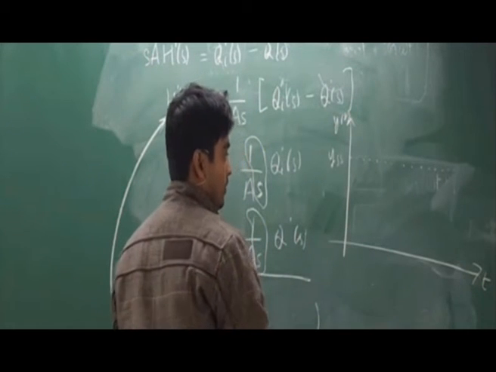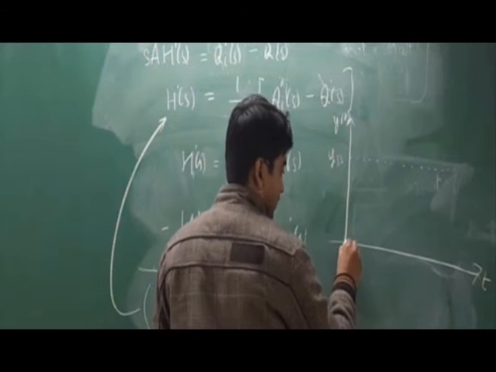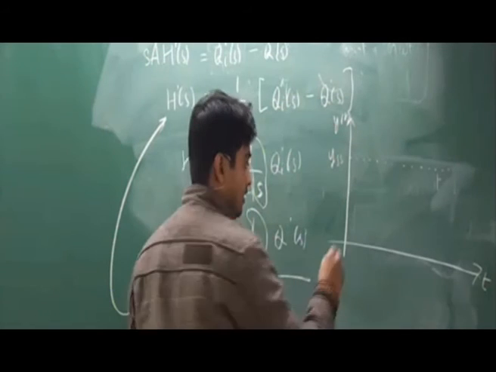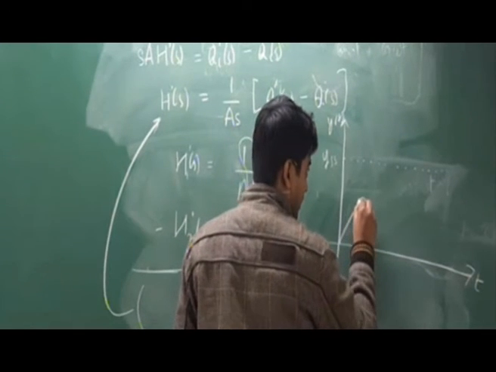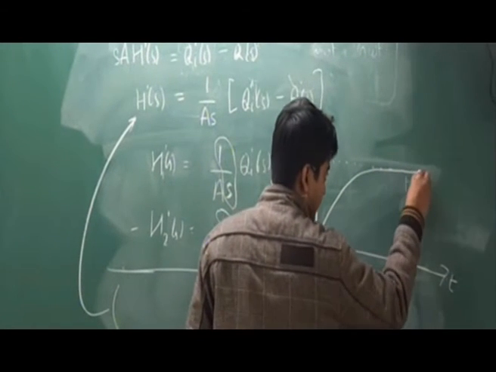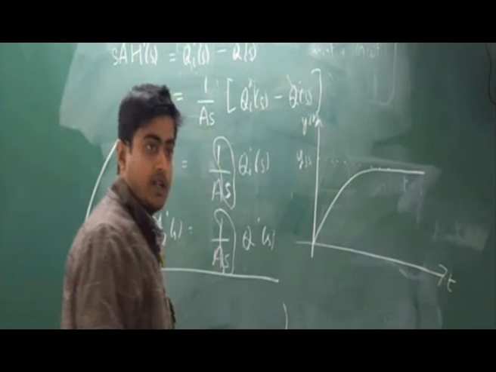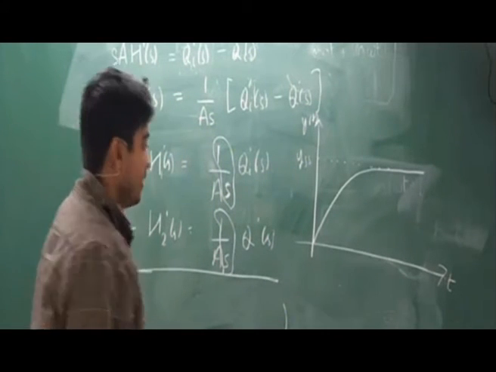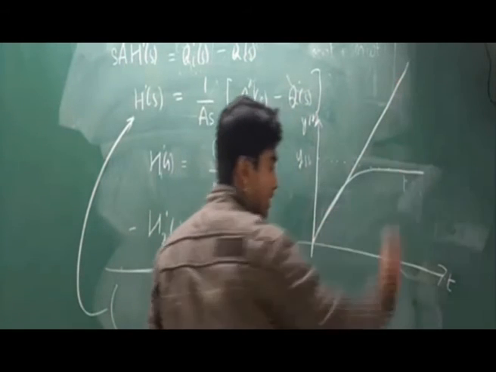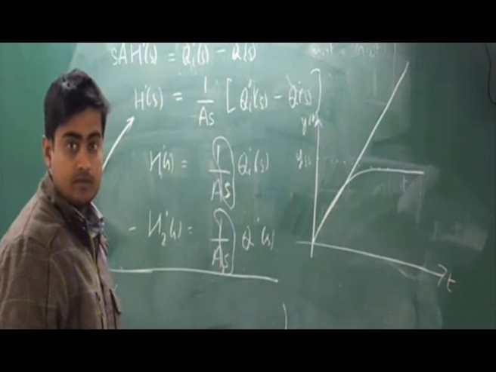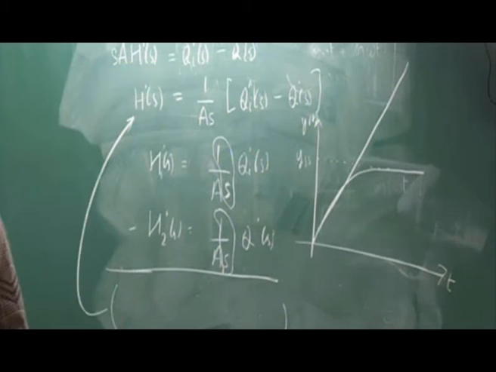So when we speak about the steady state gain, at t equal to infinity, the system will finally stay at the steady state value. But in this case, when we have the integrator, the system will just go like this. Okay, this is what is written in the third point.